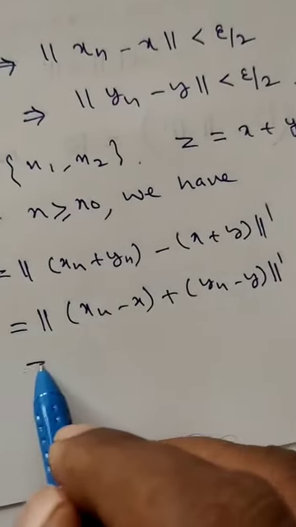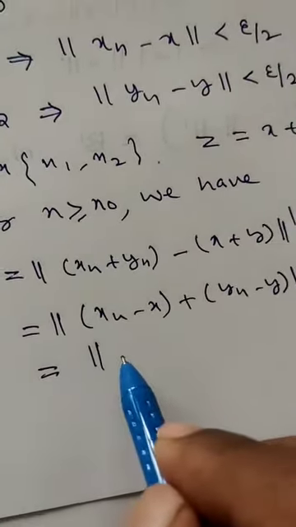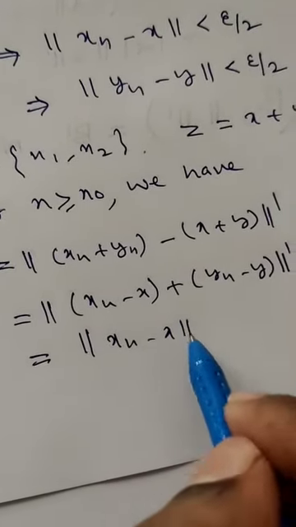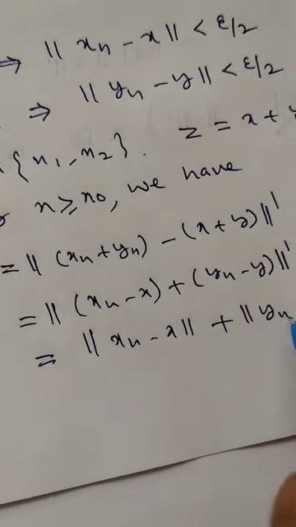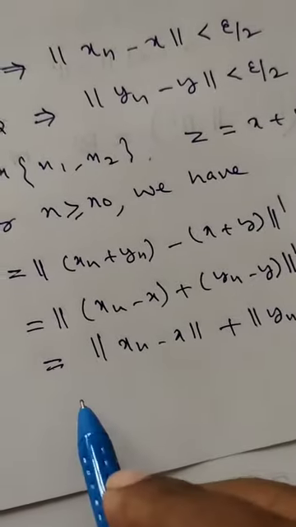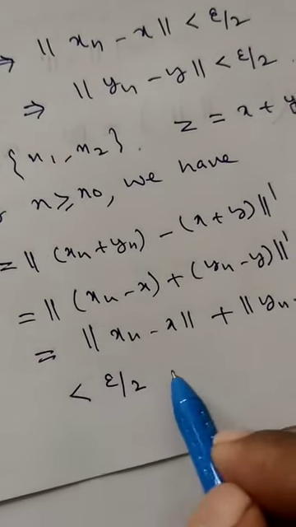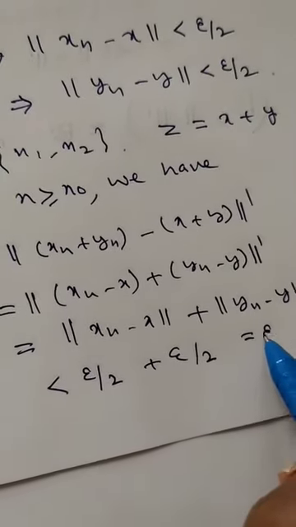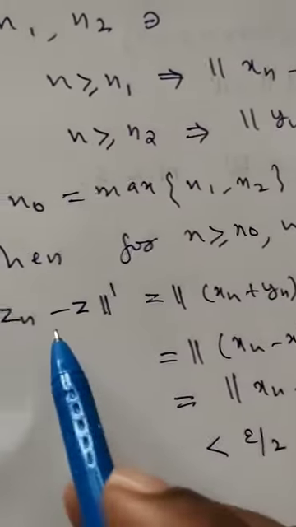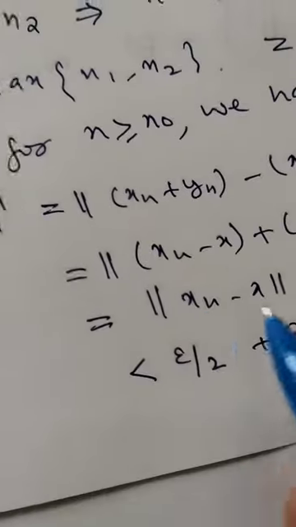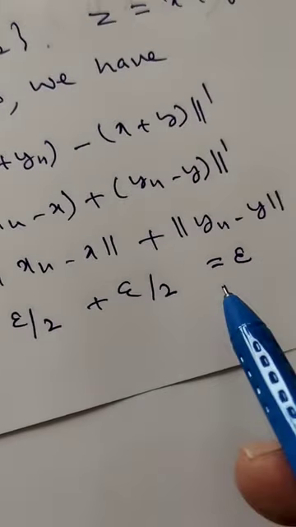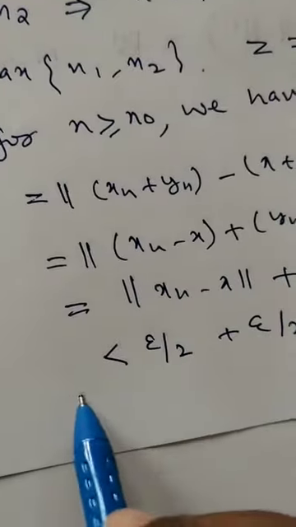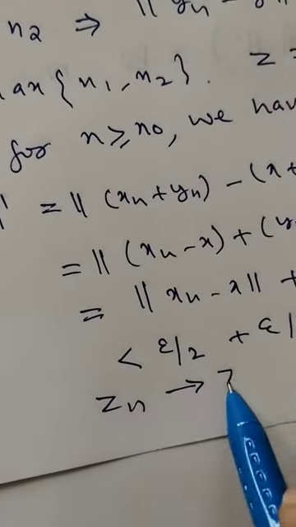But this is less than or equal to, by the definition of a norm, norm of Xn minus x plus norm of Yn minus y. This is less than epsilon by 2 and this is less than epsilon by 2, which totally is equal to epsilon. That means norm of Zn minus z is less than epsilon, so Zn converges to z.